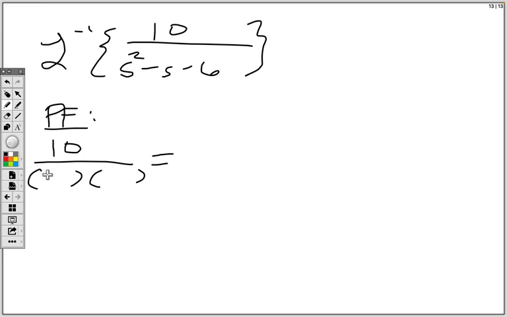Yeah, s minus 3 times s plus 2, good. Now I have to think what sorts of little denominators would contribute to this as the common denominator. So we would have an A over s minus 3 and a B over s plus 2.